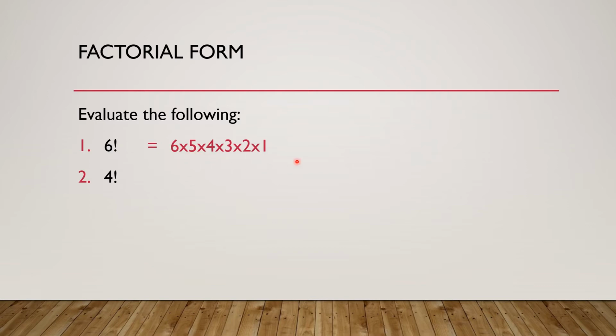So the product of 6 up to 1, 6 times 5 times 4 times 3 times 2 times 1, is equal to 720. What about 4 factorial? 4 factorial will be the product of 4, 3, 2, 1, and thus it will give us 24. That is for the factorial form.